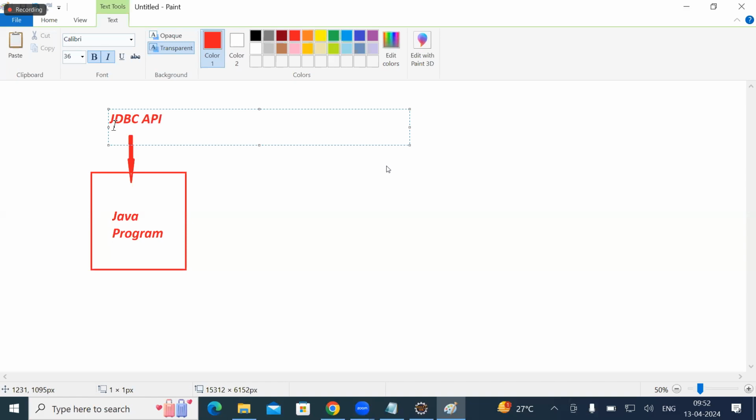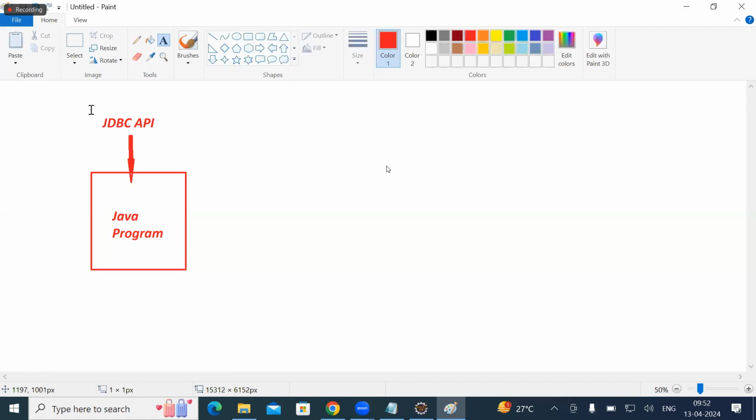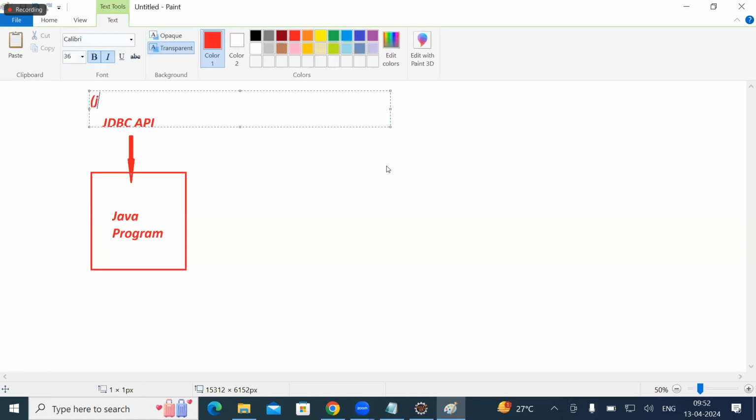You know JDBC API today. Yes or no? You know the connection interface, statement, prepared statement, result set minimum, driver manager class, and some methods internally, at least some idea about your JDBC API, with which you can make one program ready.